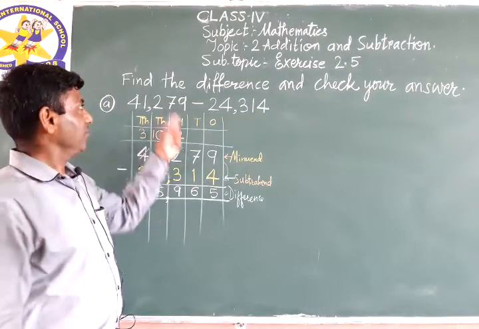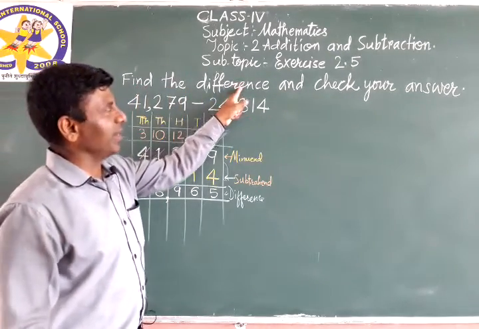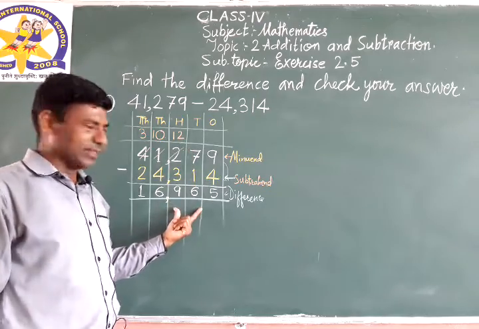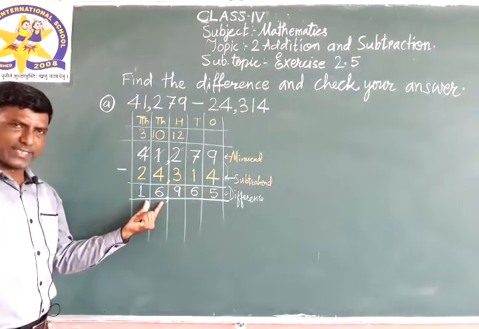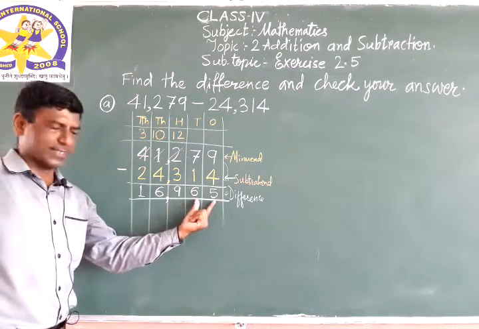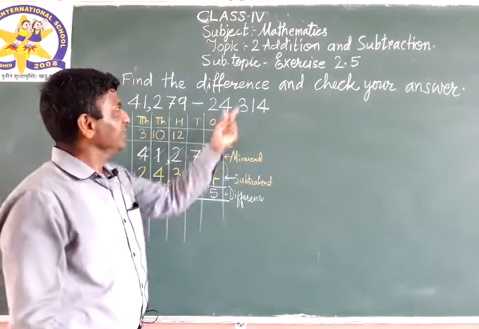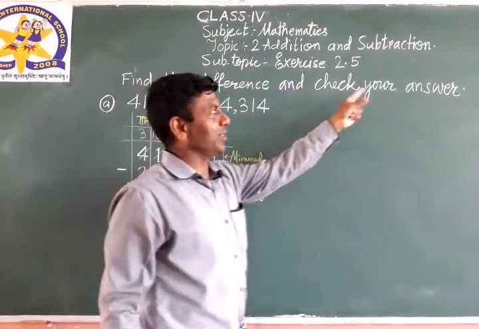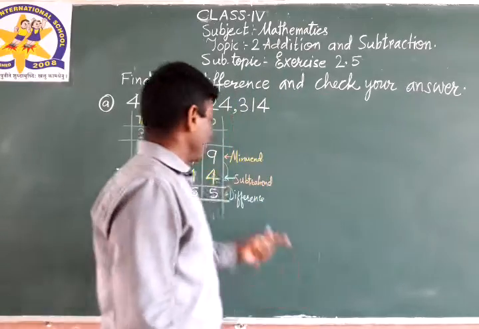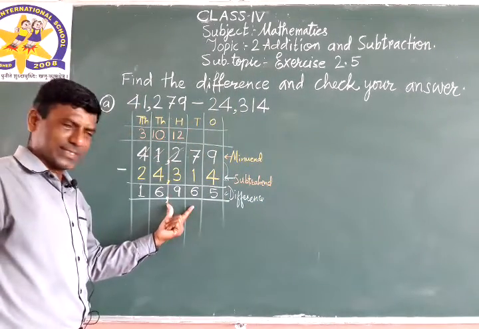Now, what is the question? Find the difference. We first find the difference. This is the difference, 16,965. And check your answer. So first you have to find out the difference.